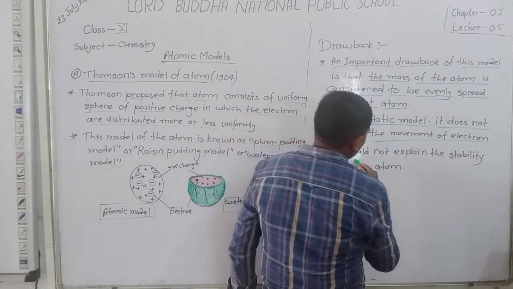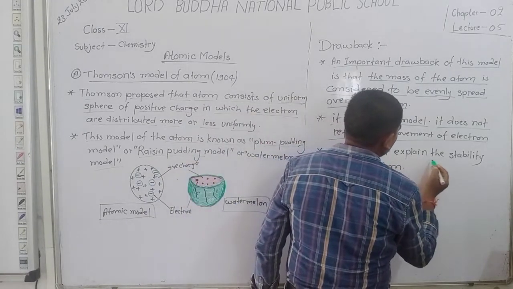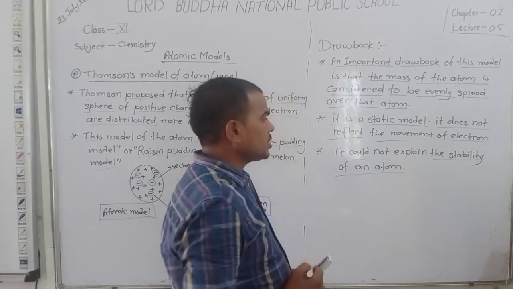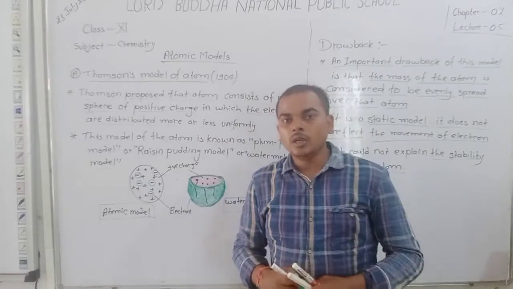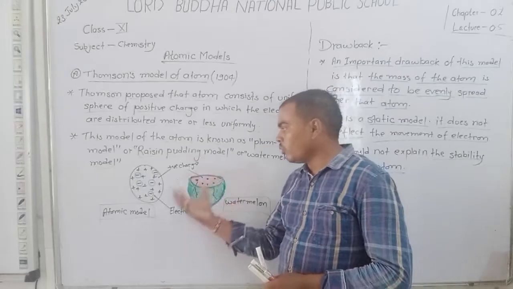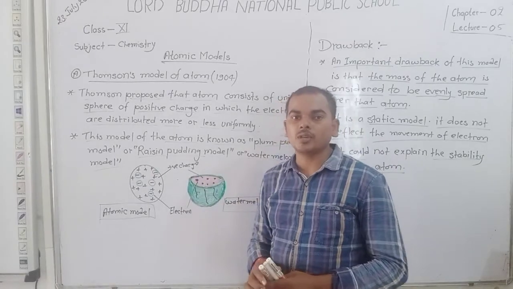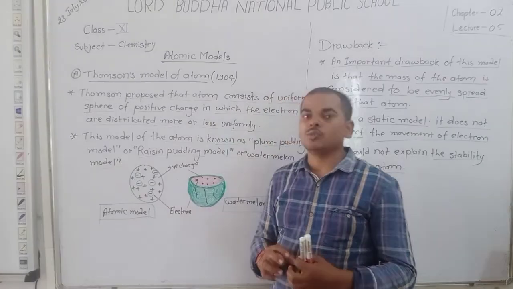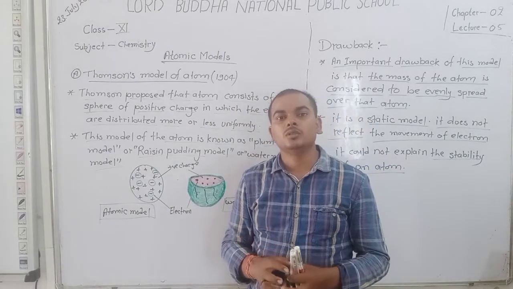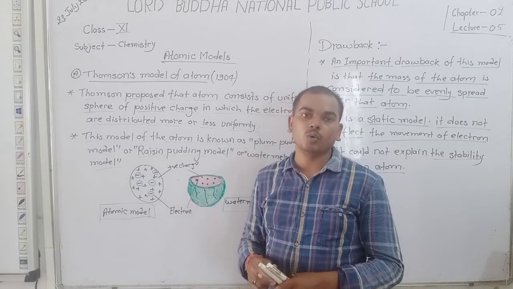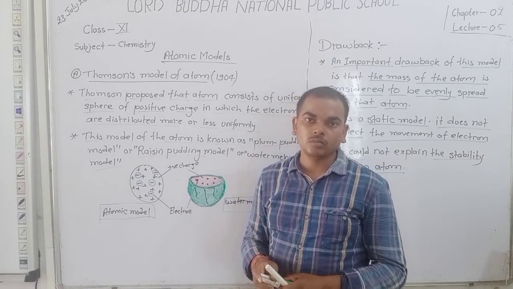It could not explain the stability of an atom. Dear student, the atomic model of Thomson does not discuss the stability of the atom, because when positive charge and negative charge are spread throughout the atom, then the atom would collapse.